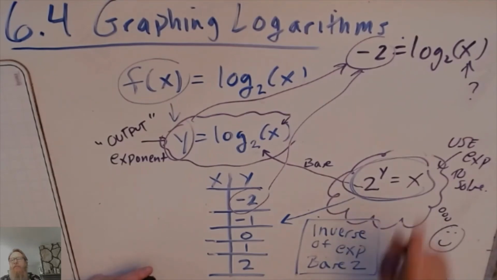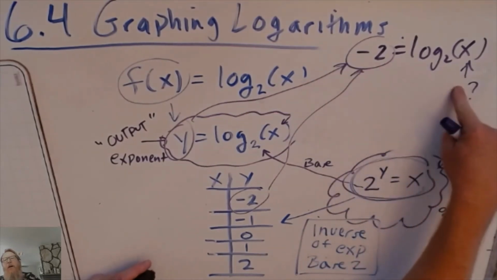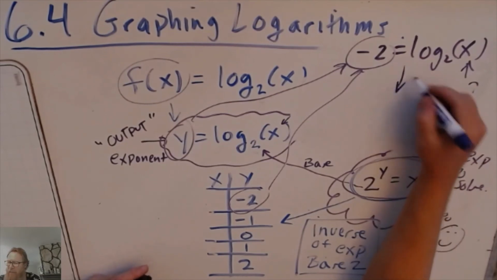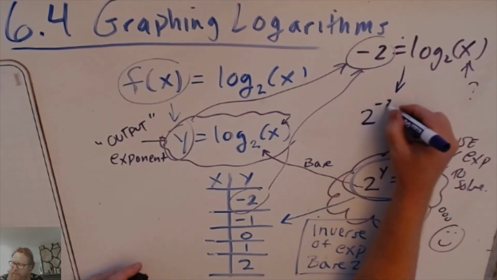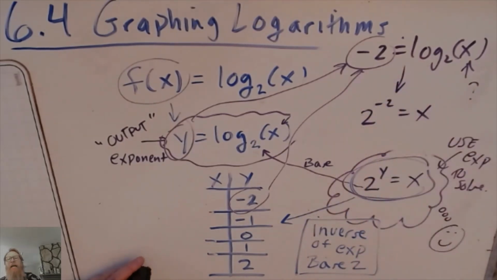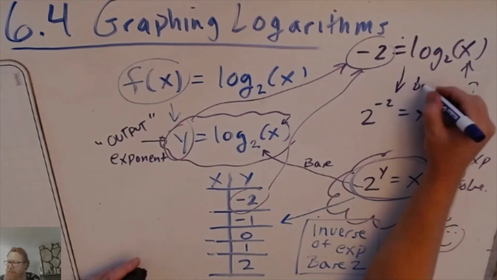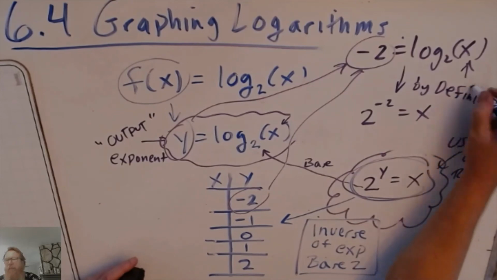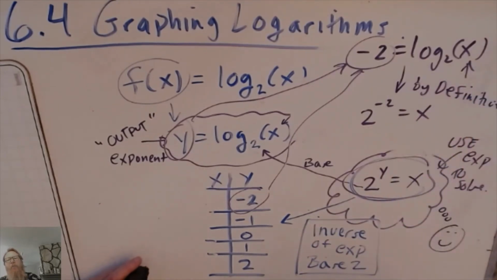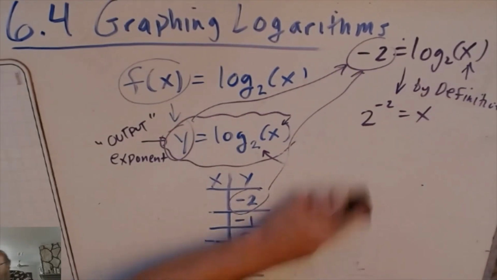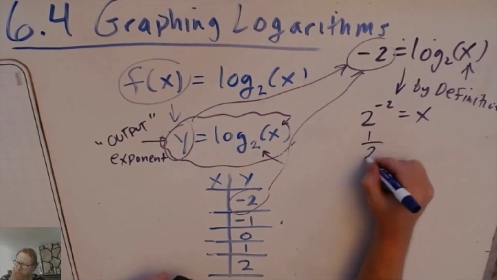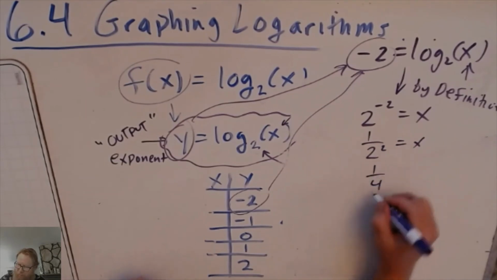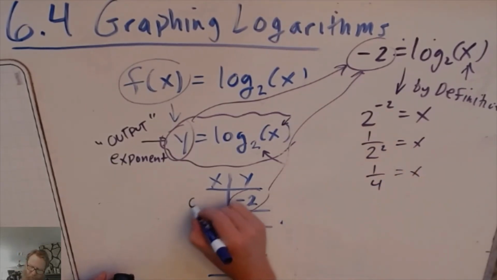So if -2 is equal to log base 2 of x, well, that means that 2 to the -2 power is equal to x. That's the definition of what a logarithm is. A logarithm is the inverse of an exponential. So that's going to be 1 over 2 squared, which is 1/4, or a quarter, 0.25.